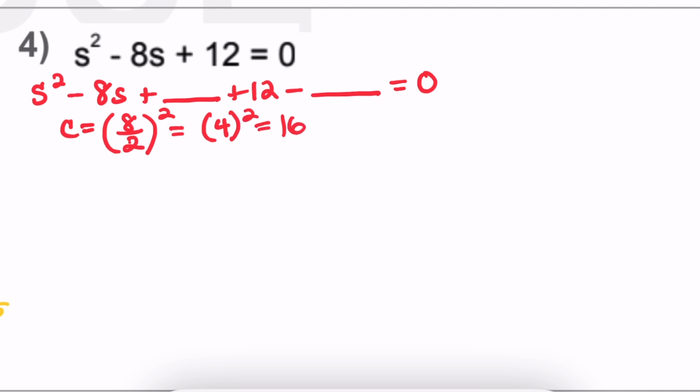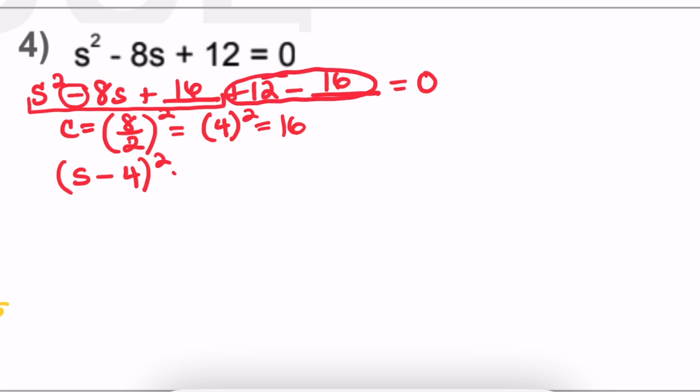So we have 16 here, 16 there. Take my first three terms, and I have s minus, remember this sign goes here. The square root of 16 is 4 squared. Add these two terms together, and you get negative 4, equal to 0.